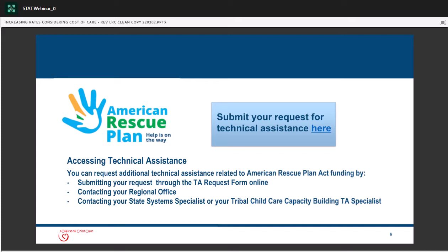So as always, lead agencies can request additional technical assistance on any topic related to the ARP Act or other CCDF topics by contacting your regional office, your state system specialist, or your tribal child care capacity building center TA specialist. And they will coordinate with the Office of Child Care National Technical Assistance Centers to provide the support you need. And as always, technical assistance services are funded by the Office of Child Care, and there is no fee to any lead agencies.